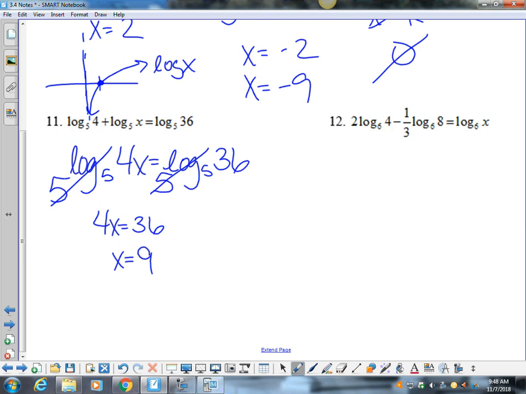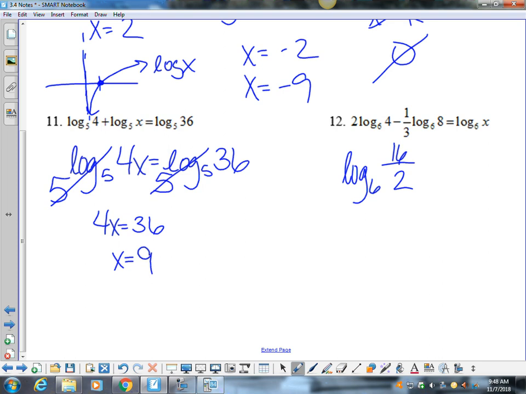All right, number 12 has log, log, log. Can you 6 it? No, no, no. What have you got to do? We got to condense. We are professional condensers. 16 over 2. Where'd the 2 come from?